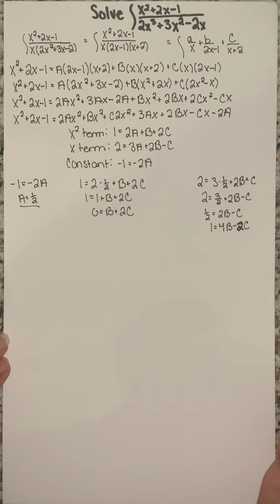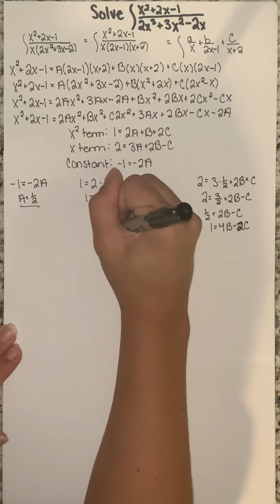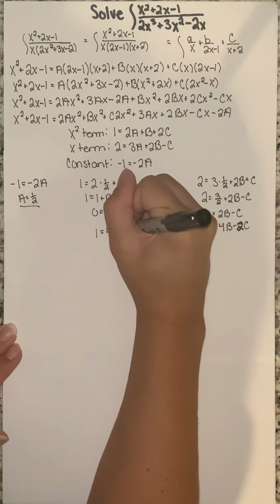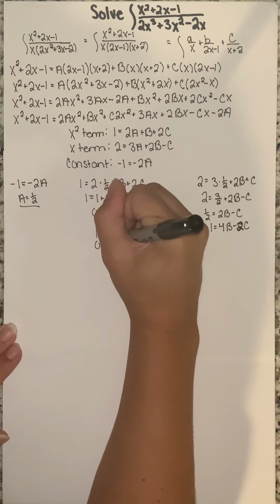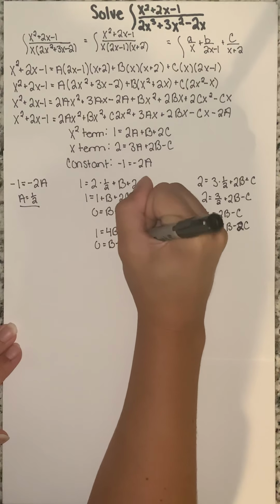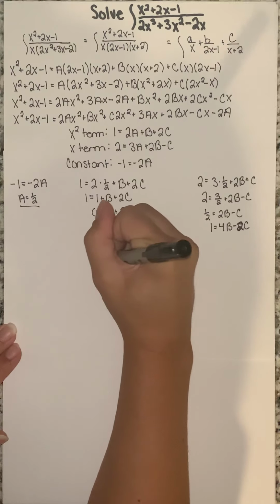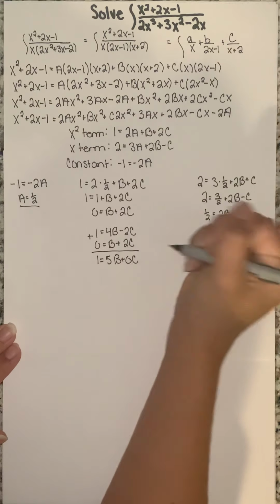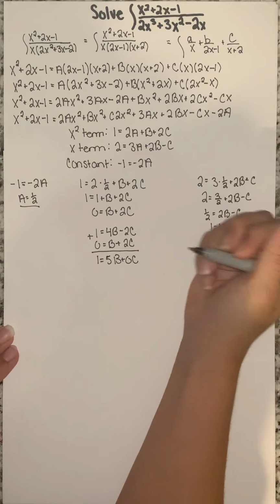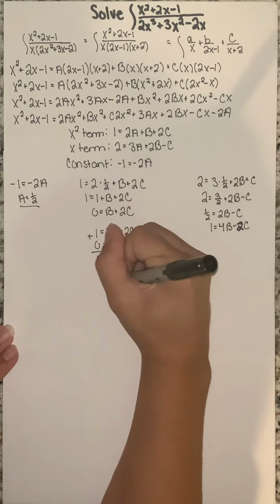Now, we can do elimination with the two equations. By adding the two equations together, we get that 1 equals 5b plus 0c. And by doing algebra, we can see that b equals 1/5.